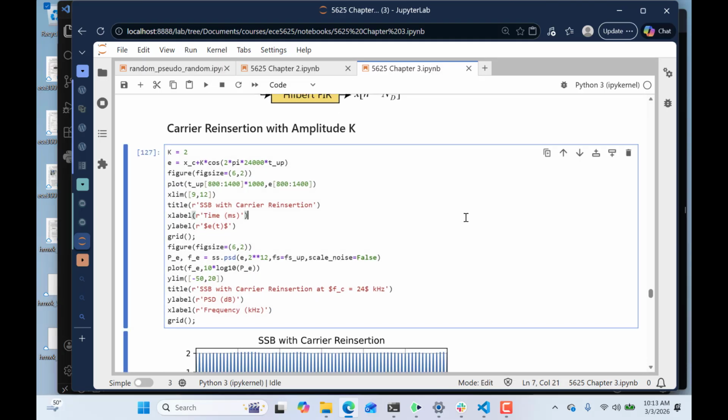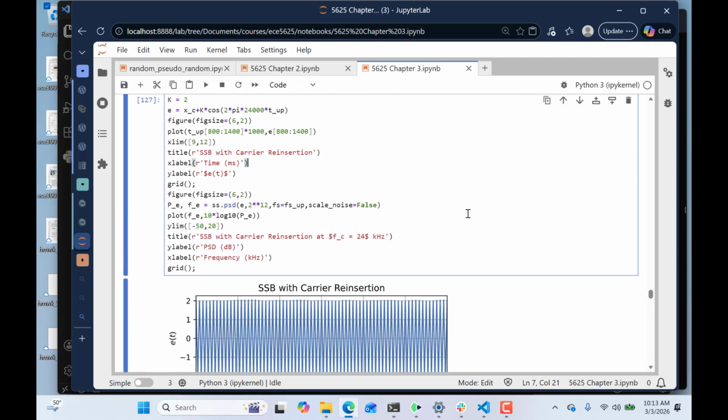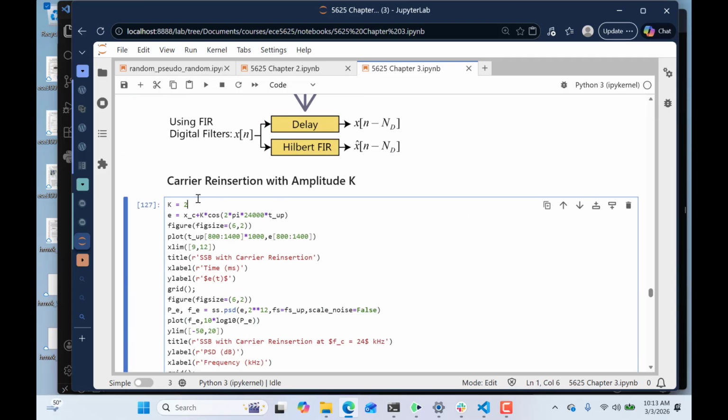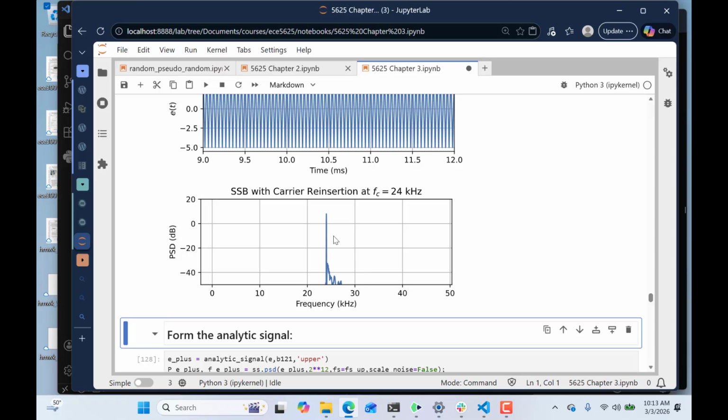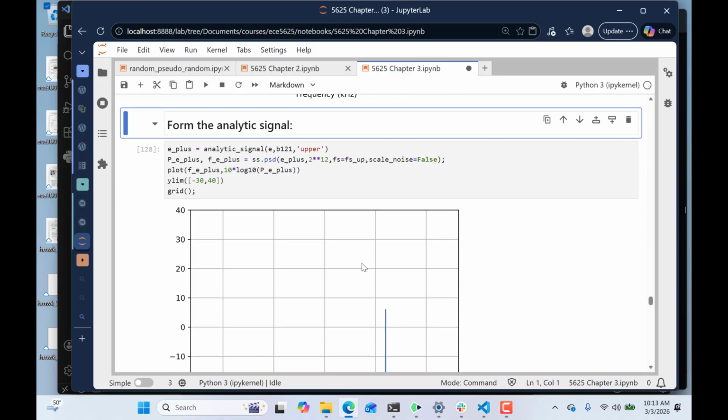So we reinsert it. So here we're going to start with the reinsertion. This is k is equal to 2. I'm going to put it up a little bit higher. So we have carrier reinserted with the single sideband signal, and that's what this spike is. And then this is the upper sideband again.